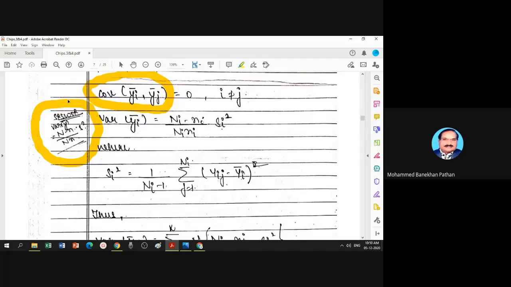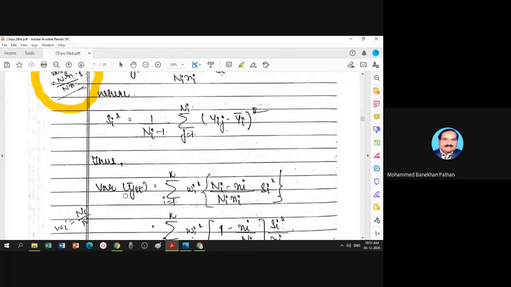This is for the entire population of size capital N with sample size small n. Now I am not speaking for the entire population, I speak only for one of the strata. So N is replaced by Ni, small n by small ni, S square by Si square, where Si square is similarly 1 upon (ni minus 1) summation j=1 to ni (yij minus y bar i dot) whole square.